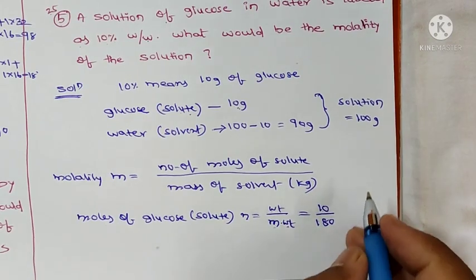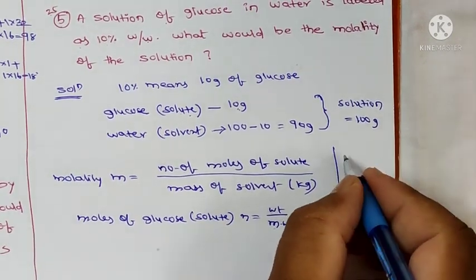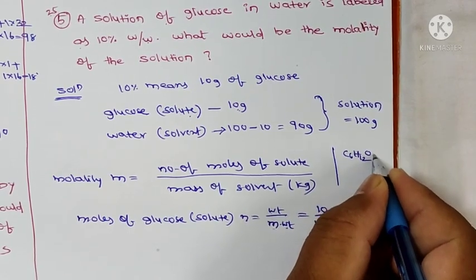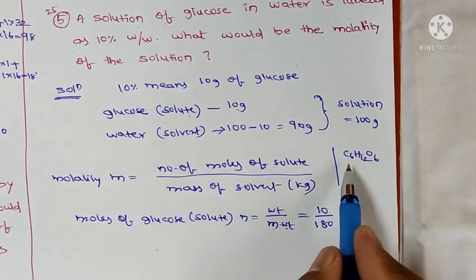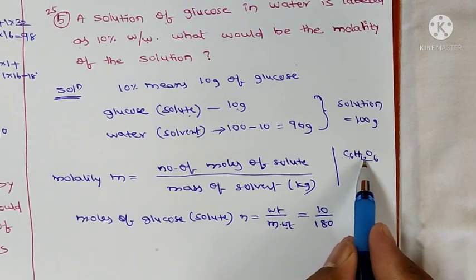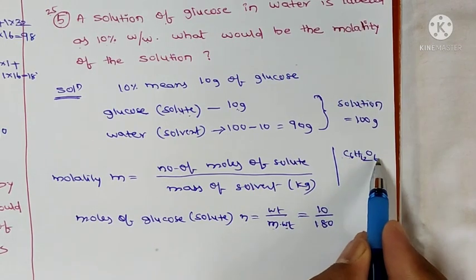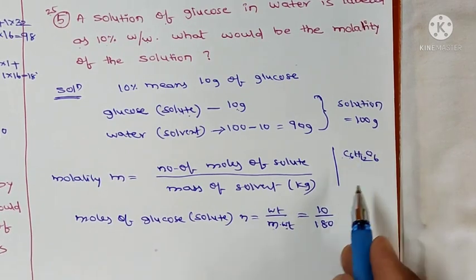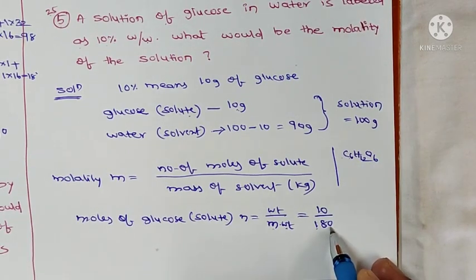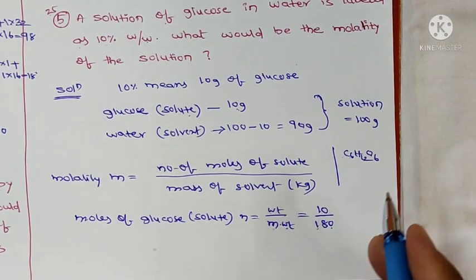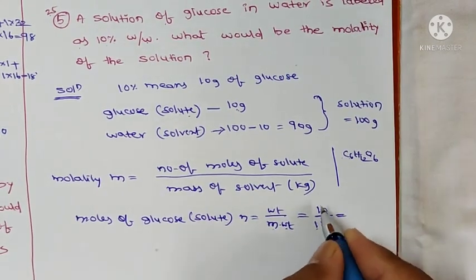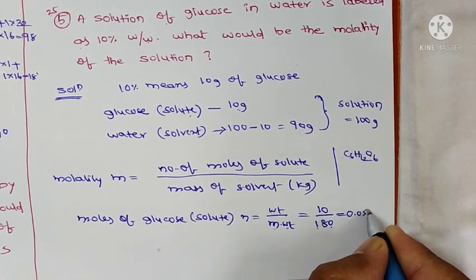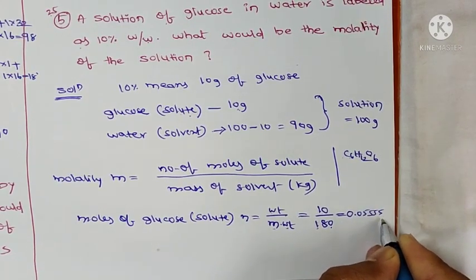The glucose formula is C6H12O6: 6 into 12 plus 12 into 1 plus 6 into 16. Then we will get 180. The molar mass of glucose is 180 grams per mole. So we will get 0.05555 moles.